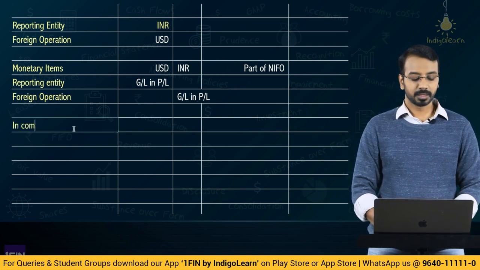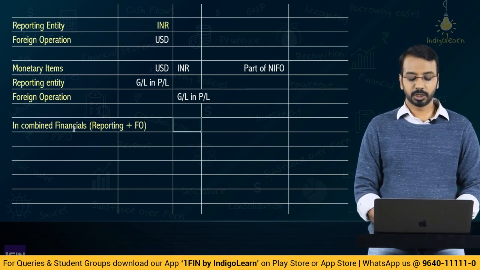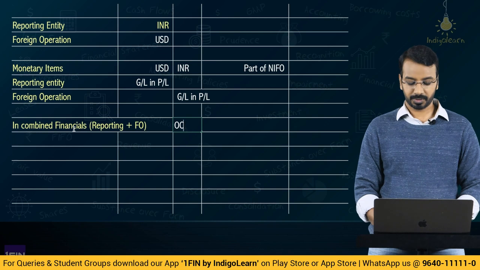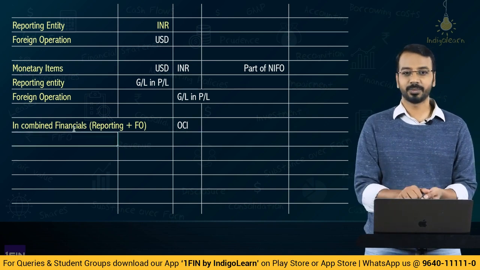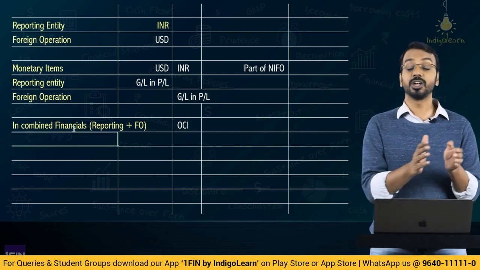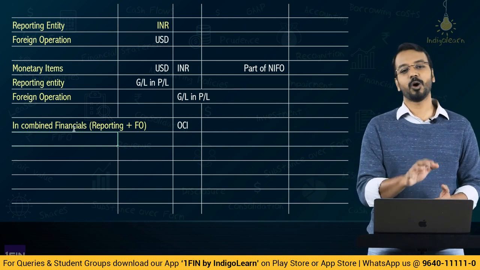In combined financials, that is reporting plus foreign operation, you will take it to OCI. So, whatever is the P&L impact given in the individual financial statements, you will consolidate that into the OCI and retain it till the time you dispose of the foreign operation.